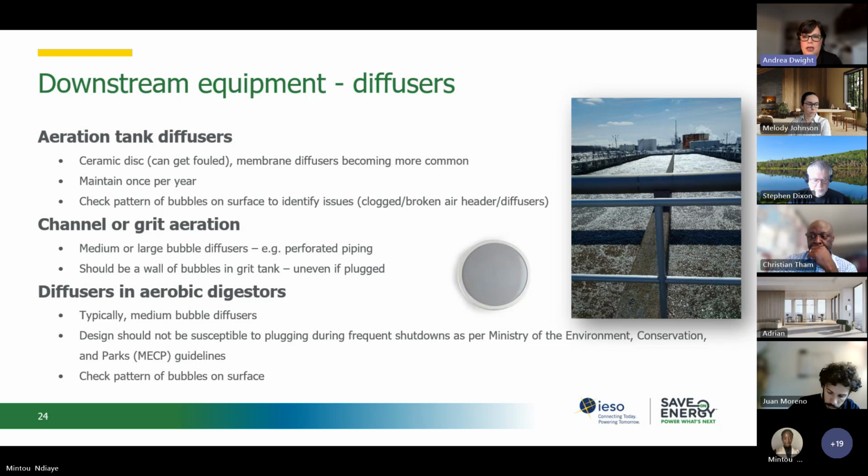So if you see any changes to that surface, that may indicate you've got plugging and you've got to deal with it. And again, plugging just leads to poor air distribution, but also higher pressure drops, which create loads on your motor. Next slide.